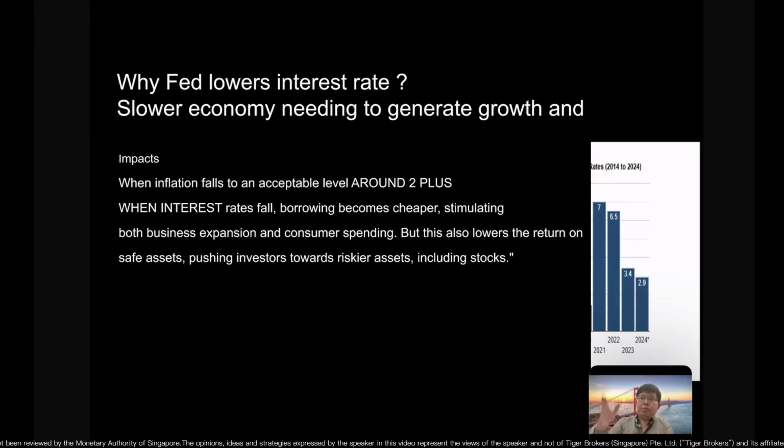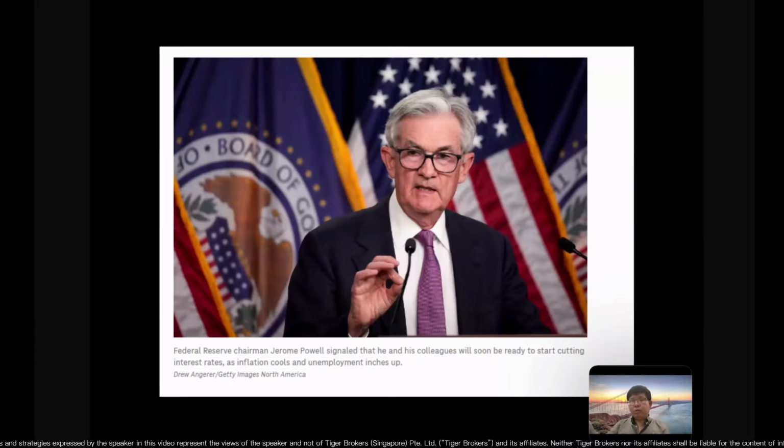People have less loan to pay, so they will have more money to spend. As they have more spendable income, they will buy riskier assets, including stocks. So the Fed already signaled, actually he already did. Yesterday it dropped.